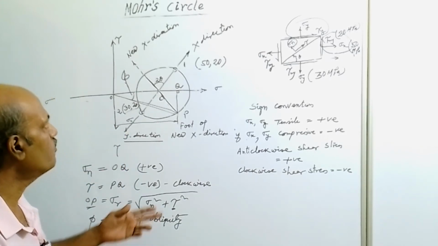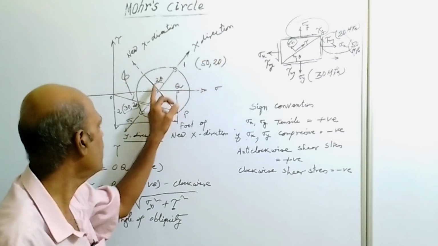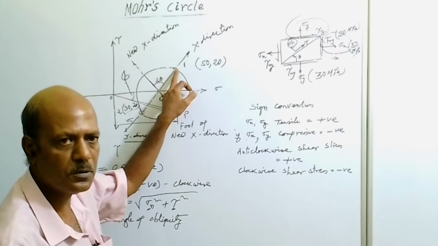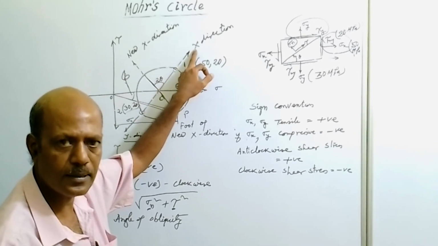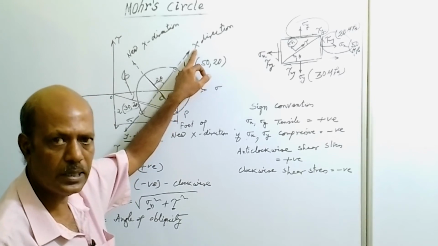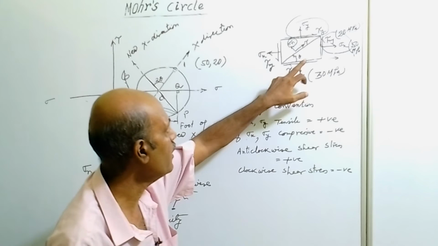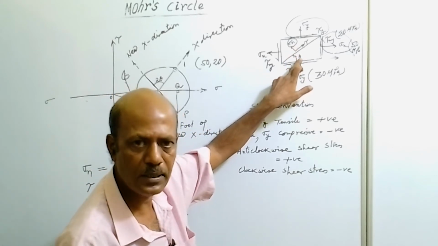Now next step, we have to find the x direction. How to find it? Center to the x phase point, so that direction is the x direction. So we have got the x direction. Now rotate the x direction in the same sense twice the theta angle.